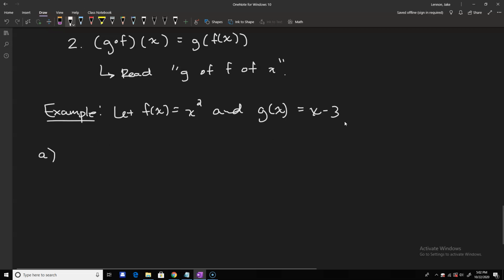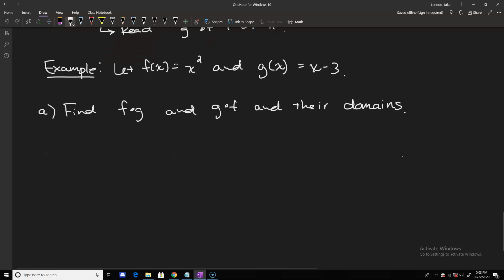Okay, so A, let's go ahead and find f of g and g of f and their domains. So since we're dealing with two things that are both polynomials here, it's very unlikely we're going to have any domain issues. So you might already see that or guess that the domains of both of these are just going to be all real numbers, which is going to turn out to be true. But let's go ahead and look at the formulas.